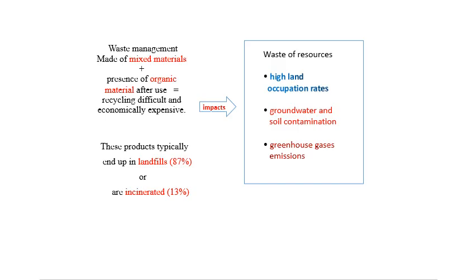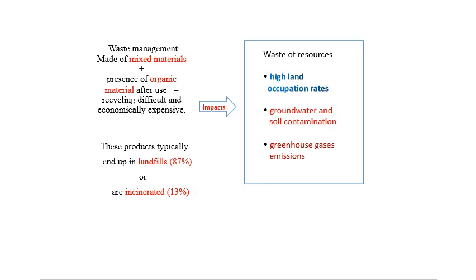How is it going to be when we are discarding this much amount of menstrual products? Waste management: these products are made of mixed materials, as we have discussed earlier, with the presence of organic materials. After use, recycling is difficult and also economically expensive.